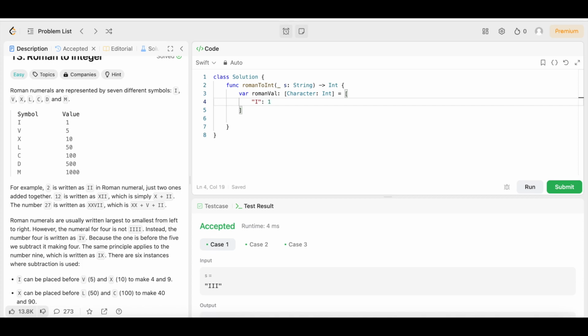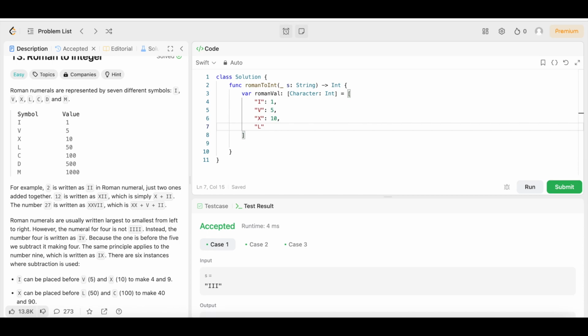I is going to be 1, comma. Then V is going to be 5, comma. Then X is going to be 10, comma. Then L is going to be 50, comma.